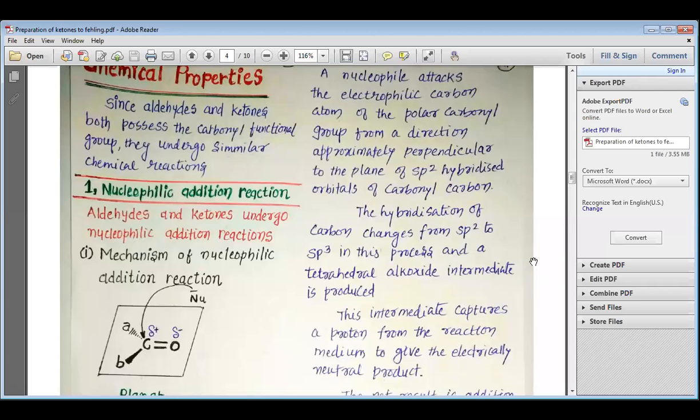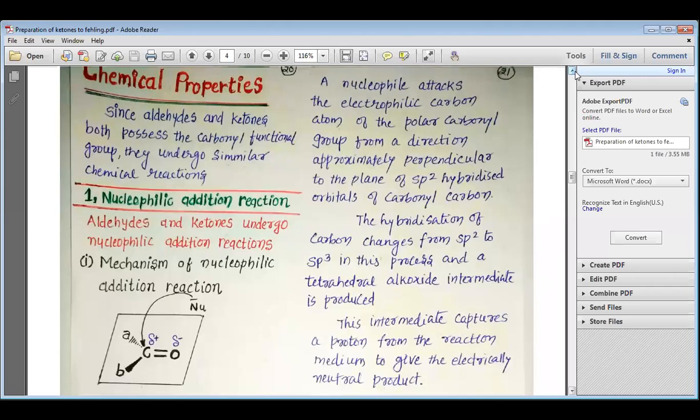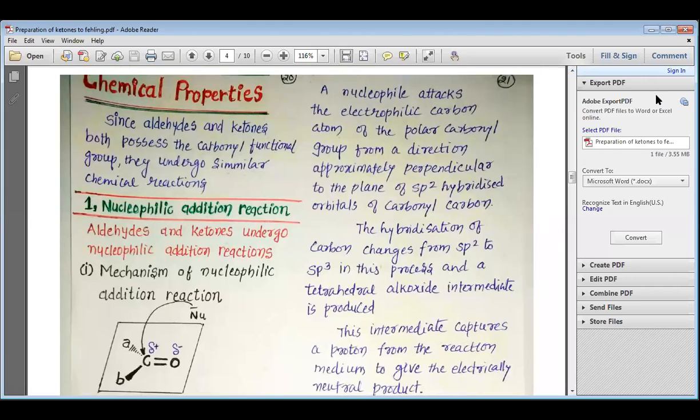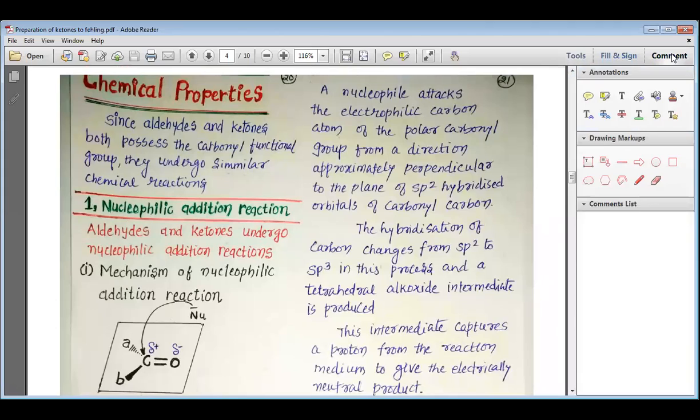I welcome all of you to the class 12th chemistry class, and let us revise what we have studied yesterday. Yesterday we studied about the chemical properties of aldehydes and ketones.